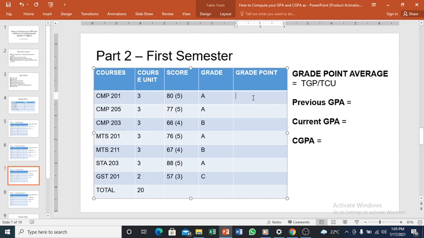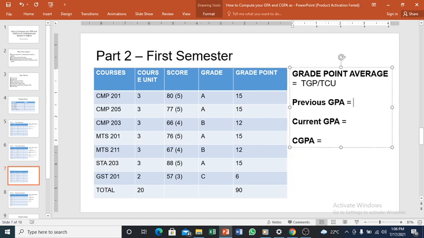Let's calculate the grade points now. 3 times 5 is 15, 3 times 5 is 15, 3 times 4 is 12, 3 times 5 is 15, 3 times 4 is 12, 3 times 5 is 15, 2 times 3 is 6. So let's calculate the total grade point now. That's 15 plus 15 plus 12 plus 15 plus 12 plus 15 plus 6. So it means we have 90. Wow, 90. So grade point is 90.